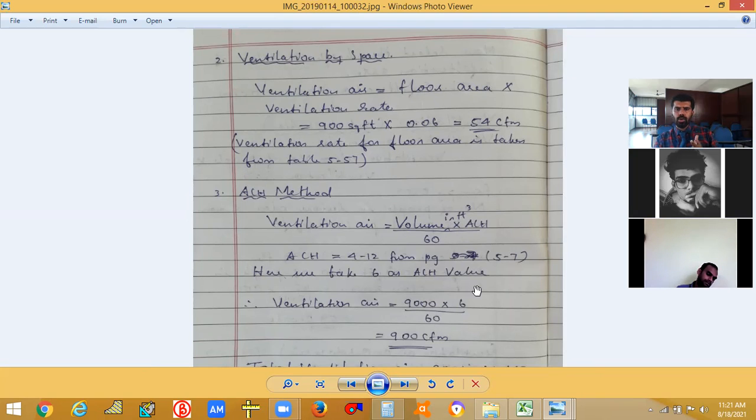I think this is clear for you, right? Any doubt, you can ask. Next one is ACH method. Here we are using, from page number 5.7, we have 6. According to different applications, you could choose.